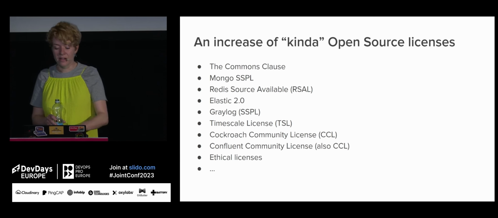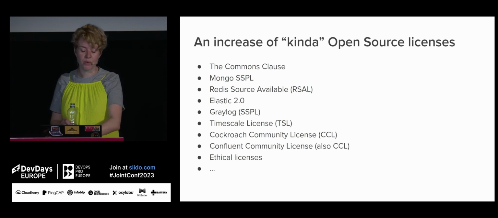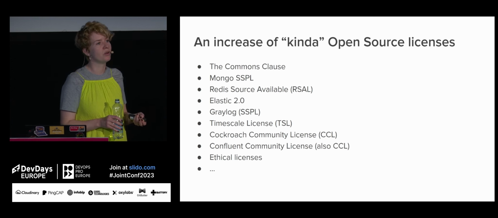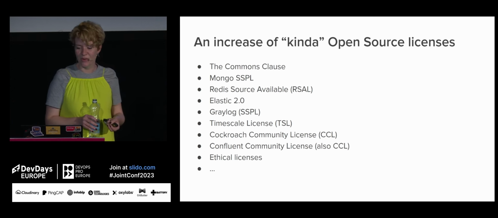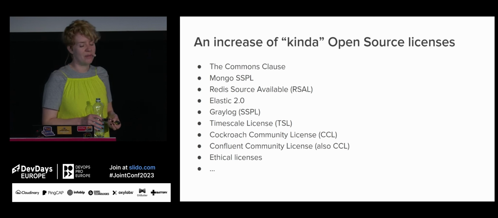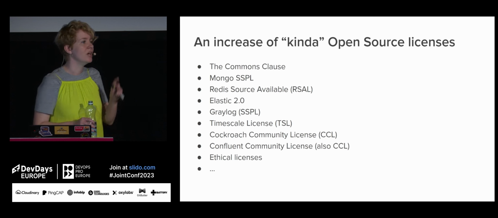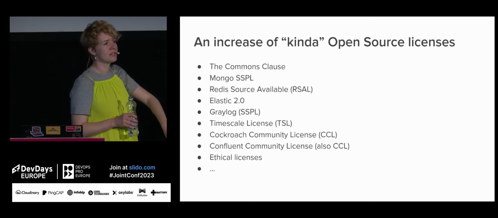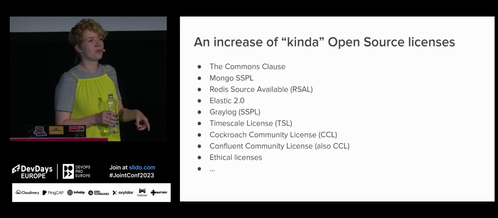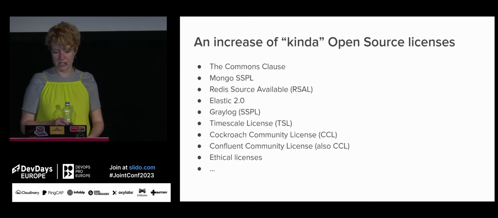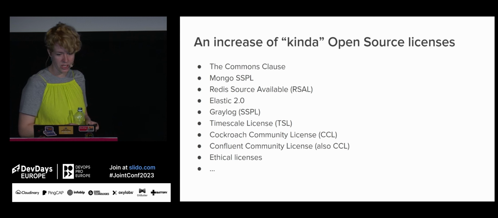And then there are ethical licenses, like, for instance, the Hippocratic license, which is a license that prohibits use of software in violation of internationally recognized human rights, or the ML5, which makes an explicit connection between the license and the code of conduct. If you're interested in ethical licenses, I would go to ethicalsource.dev, because it's a really interesting movement, but I'm not going to talk about this anymore in my talk today.